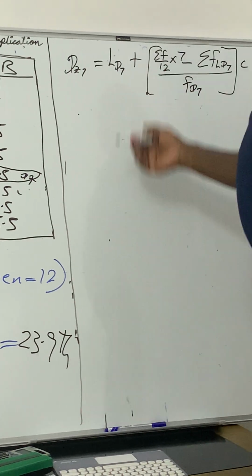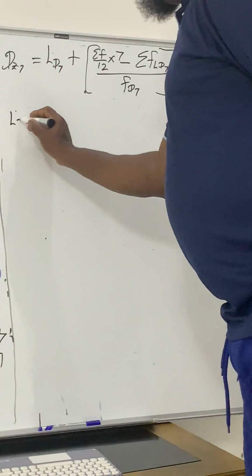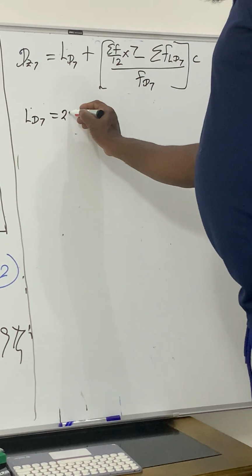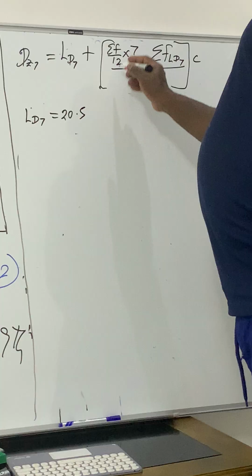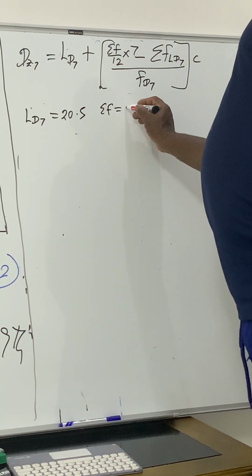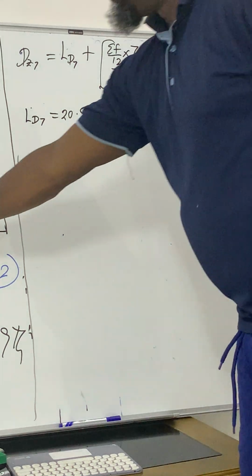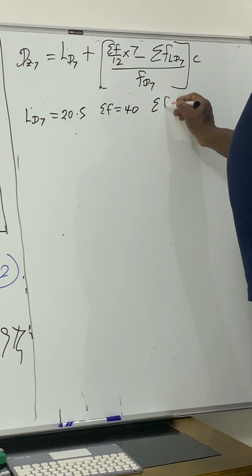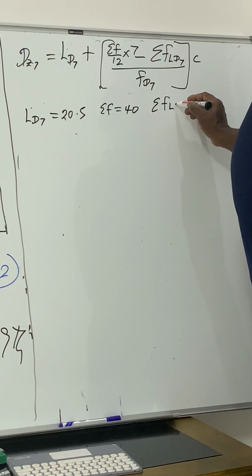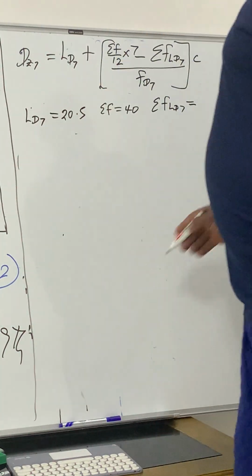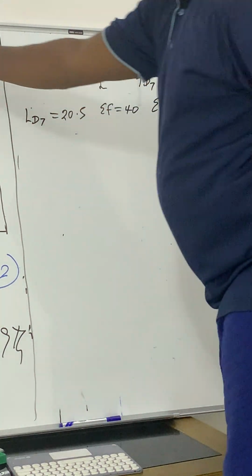But if you want to still bring it out, your LD7, the lower class boundary here, is 20.5. Then summation of frequency is 40, which is here. Then the summation of frequency lower than Dozile 7: you come to this position, then 20 is those summation, that's from 6 to 9.